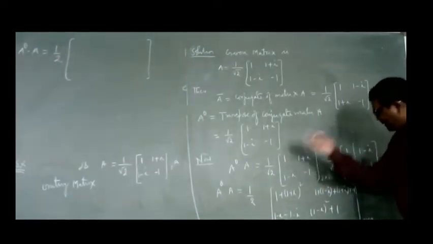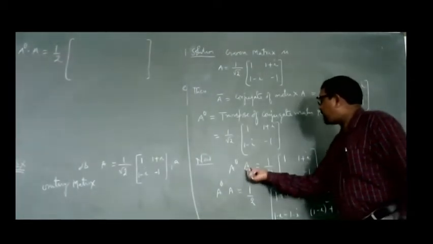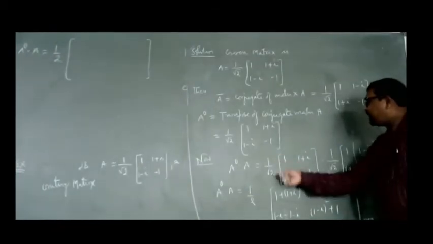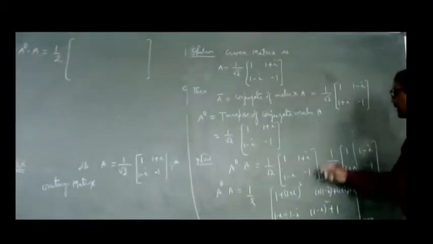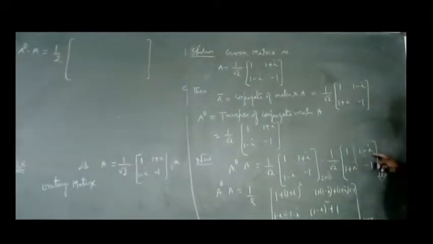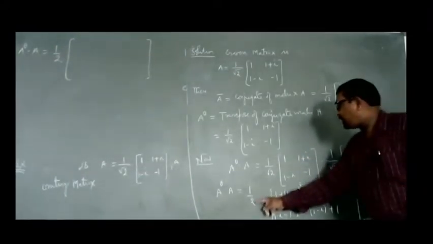Let me explain further. A^θ is going to multiply with A. So A^θ is 1 by 2 times the matrix 1, 1 plus i; 1 minus i, minus 1, and A is 1, 1 plus i; 1 minus i, minus 1. 1 by 2 multiplied with 1 upon 2, the result is 1 by 2.